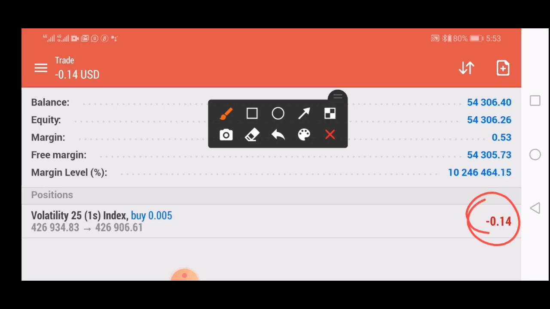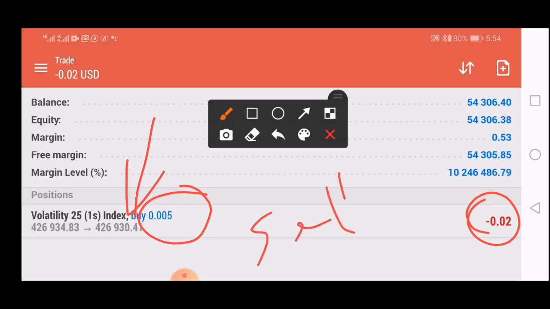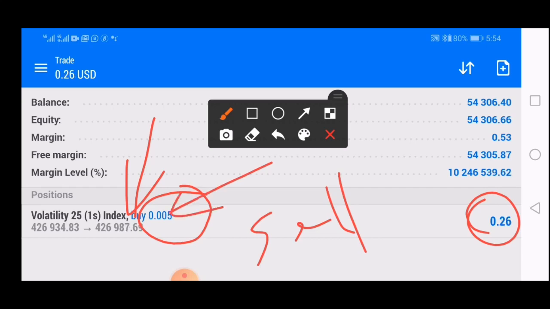So hedging is when I open another position in opposite direction and with a higher lot size. Remember, this is the buy position I open. So if I want to hedge this trade, I'll open a sell position with a higher lot size, maybe a lot size of 0.010. So that is what hedging is all about.